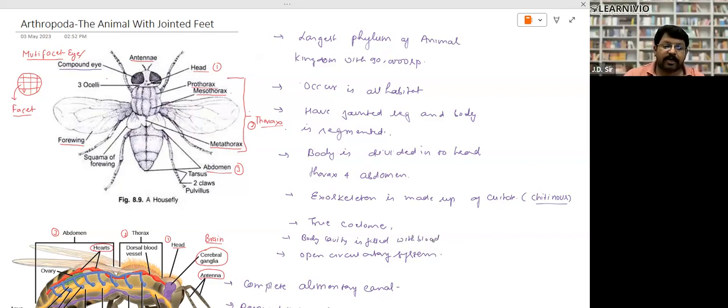The body cavity is filled with blood, and the cavity is called hemocoel.